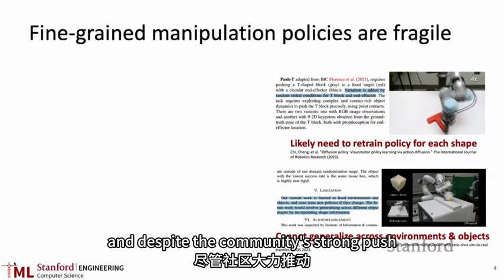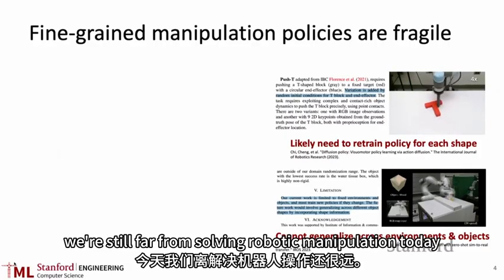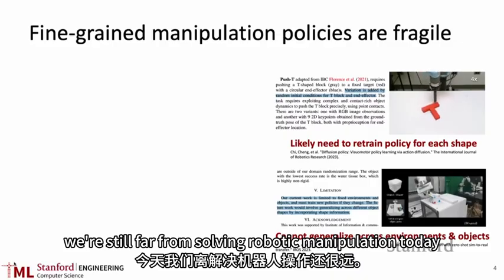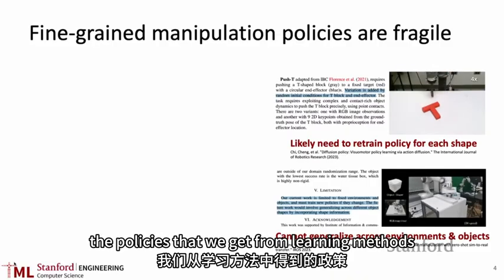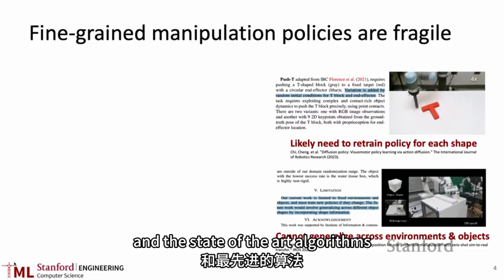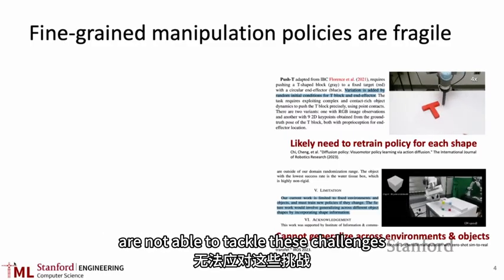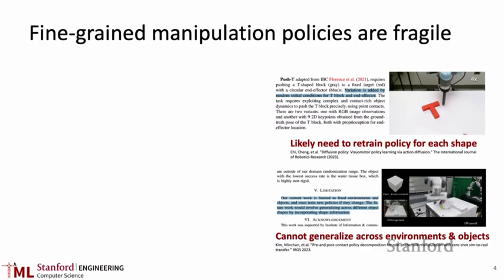Despite the community's strong push on getting more data to train on bigger and bigger models, we're still far from solving robotic manipulation today. The policies that we get from learning methods are not generalizable nor robust. And the state-of-the-art algorithms, such as diffusion policy and reinforcement learning, are not able to tackle these challenges.